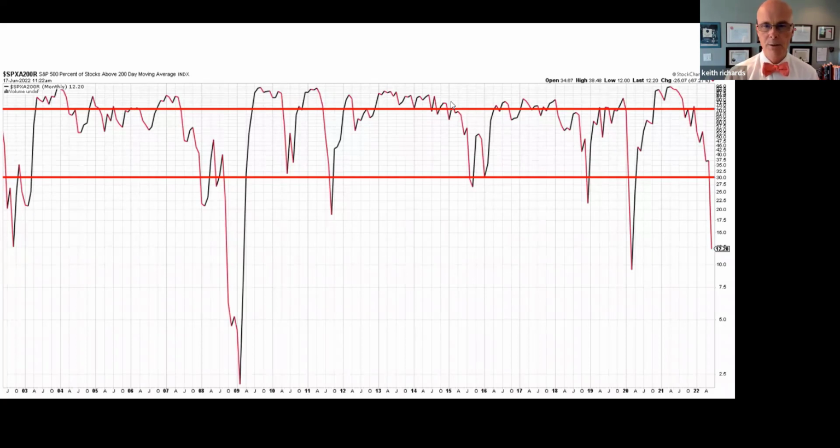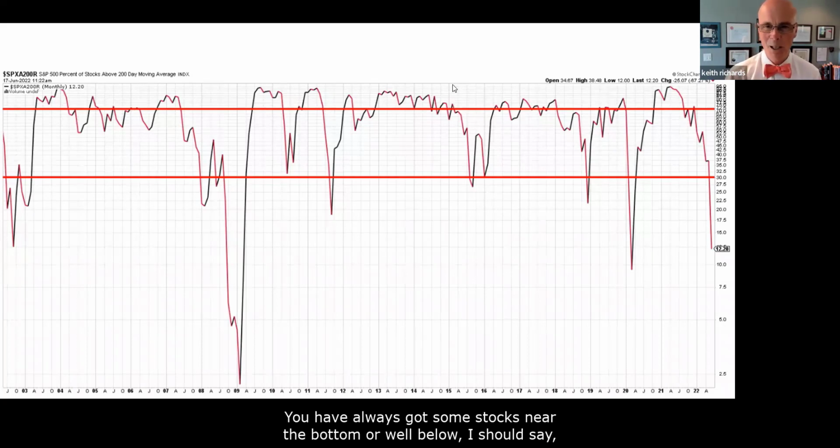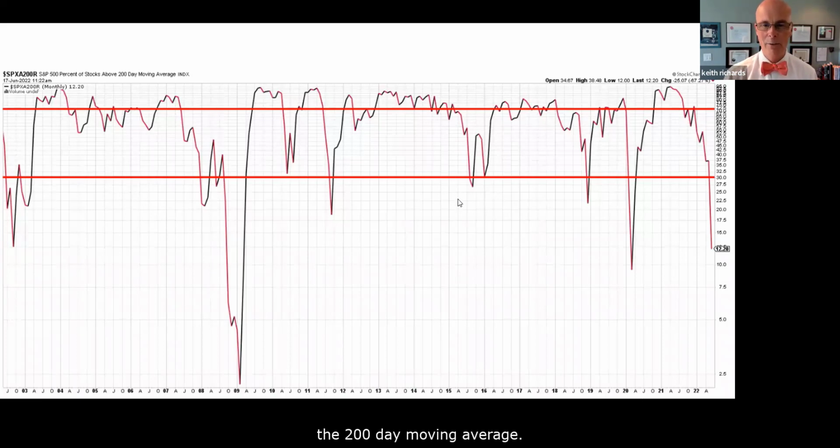That never happens. You always have some stocks near the bottom, or well below, I should say, the 200-day moving average. And if very few stocks are above, as a percentage of the S&P 500, then we see this line move down.